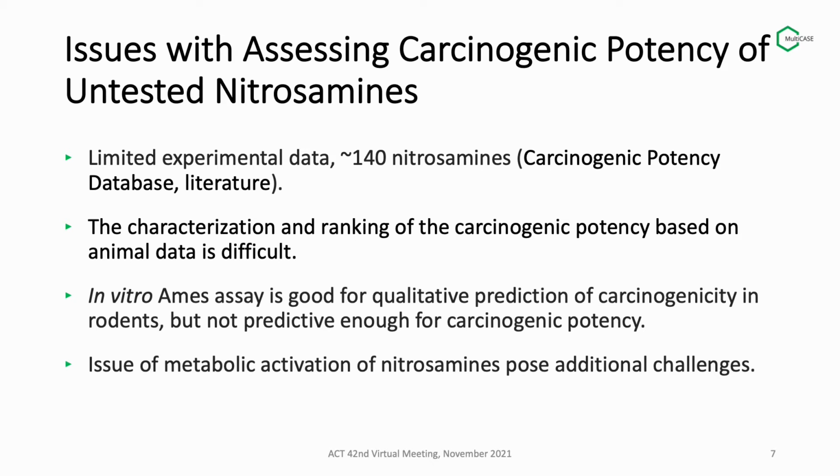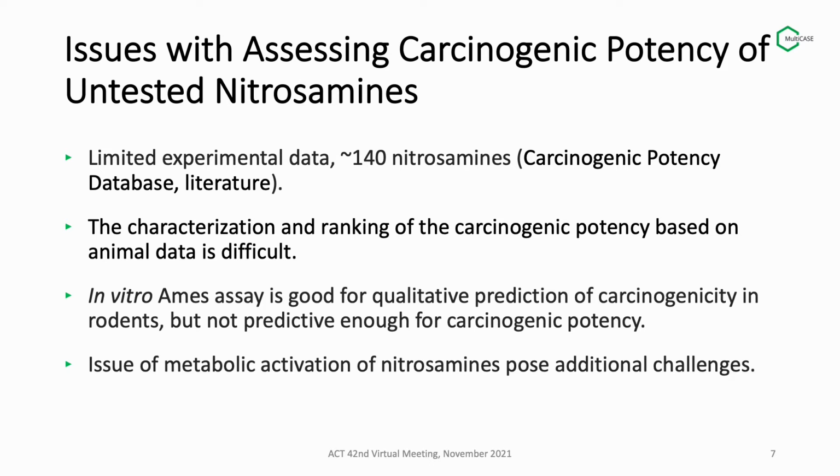There are several issues which are associated with the assessment of carcinogenic potency of untested nitrosamines. If we are trying to build a computational approach, the availability of data from the experiments is very limited. If we're lucky, then we can find about 140 nitrosamines for which carcinogenic potency data is available from the CPDB database or from literature.